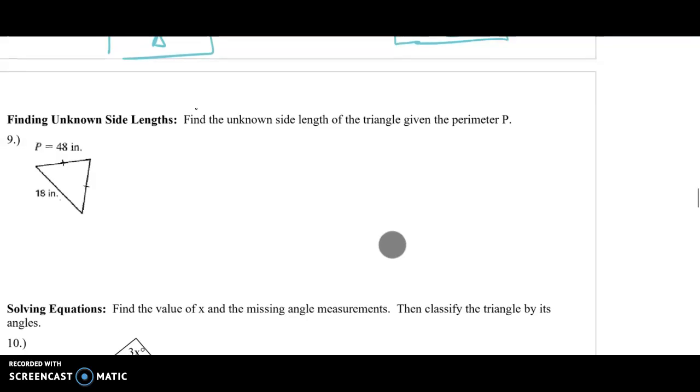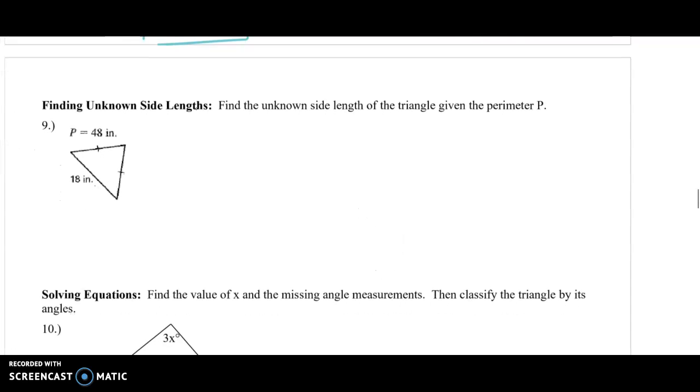Moving on to finding an unknown side length. Find the unknown side length of the triangle given the perimeter. So we are told that the perimeter is 48. We can say that the one missing side is x. But since we have those tick marks, that means we have an isosceles triangle, which means these two sides are congruent.